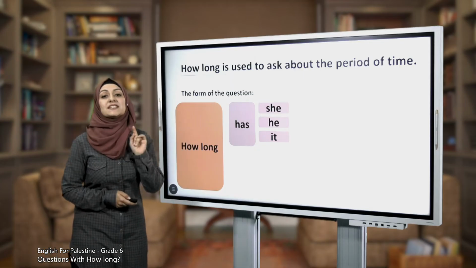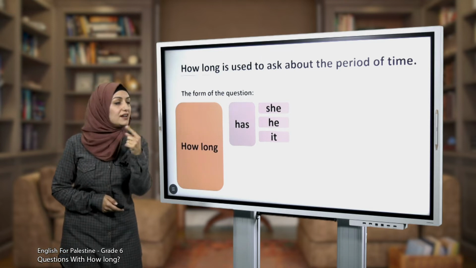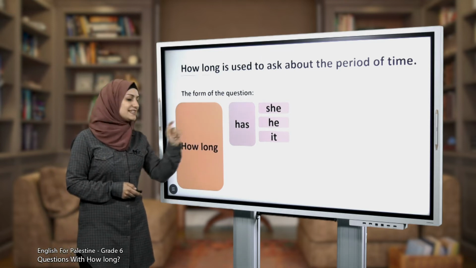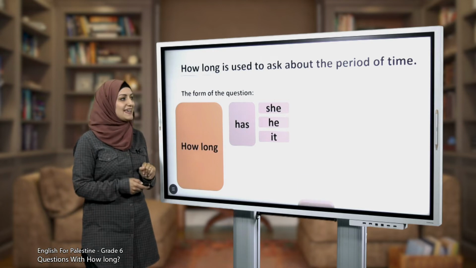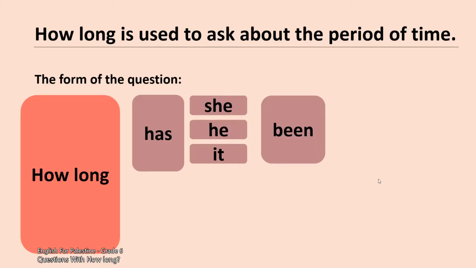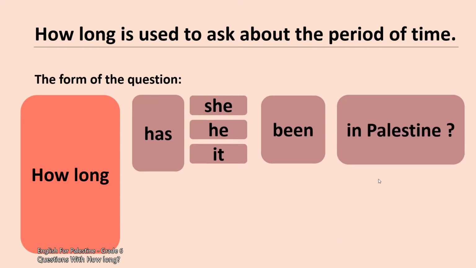I mean, if the subject is singular, you should put has after how long. And then we put been. How long has she been? And then we complete the question. In Palestine. Always remember to put a question mark at the end of the question.